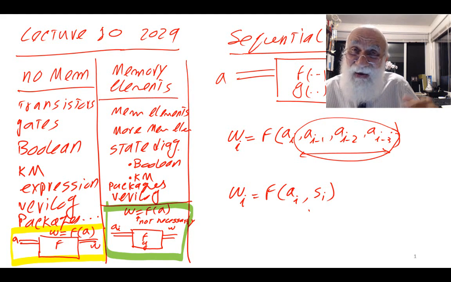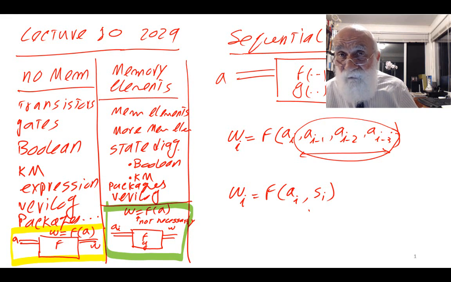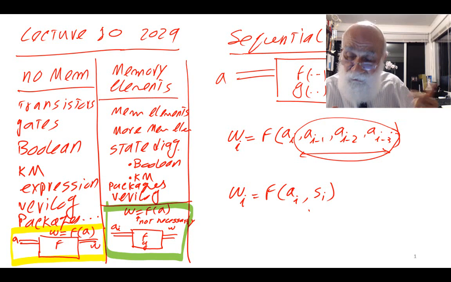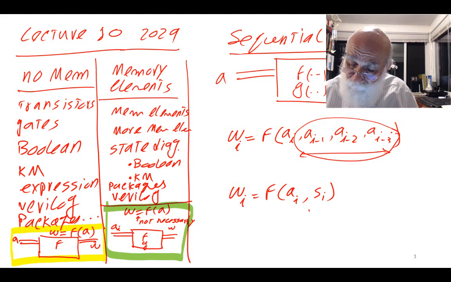But since a new A came in, obviously that's going to change the state of my circuit. So the next output has to be a function of A(I+1), and then all of the A(I-1), all the way down to the time the circuit was created, or to the time that the circuit remembers.